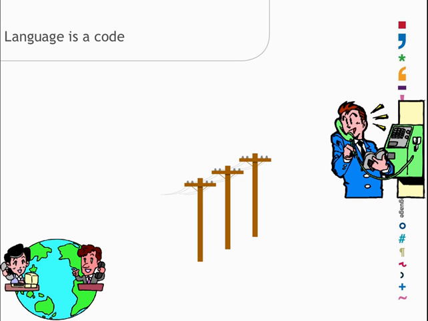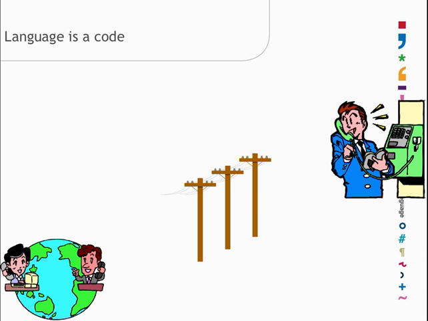So the process goes from someone wanting to say something, they say it by making sounds, and the sounds go down the wire in an electrical form, and they come out again at the other end, are converted into sound, and are then decoded by the person at the other end who hears the sounds. Well, the code, of course, is not in the middle. The code is in the heads of the two parties involved. So human language is at rock bottom a kind of code.